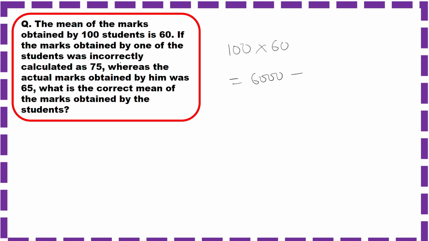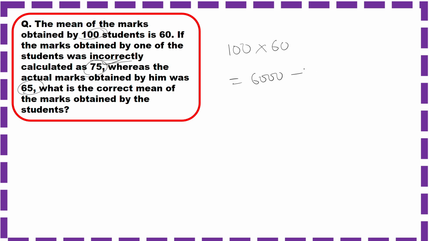Now what happened? Among these 100 students, for one student the marks were incorrectly taken. So instead of taking 65, 75 was taken. Which one was wrong? 75, right? So 75 must be out of this.